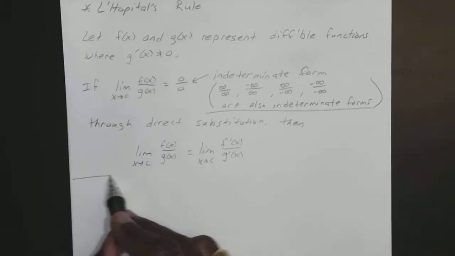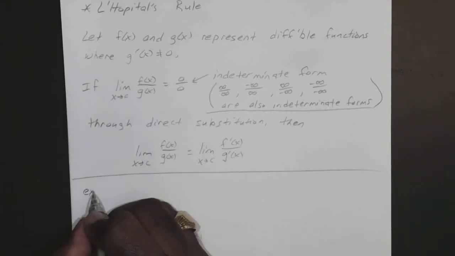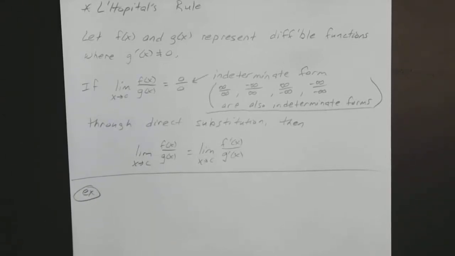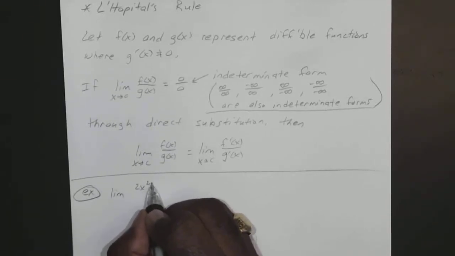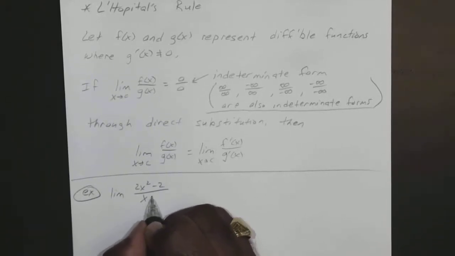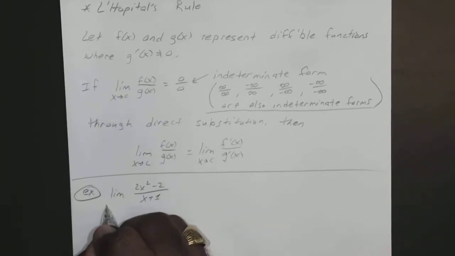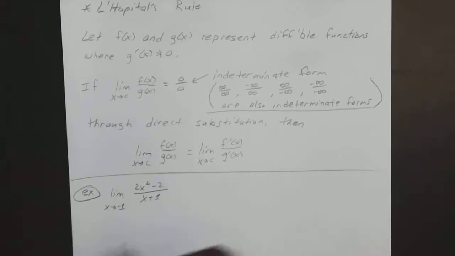All right, so let's say, for example, what if you want to find the limit of 2x squared minus 2 over x plus 1 as x approaches negative 1?